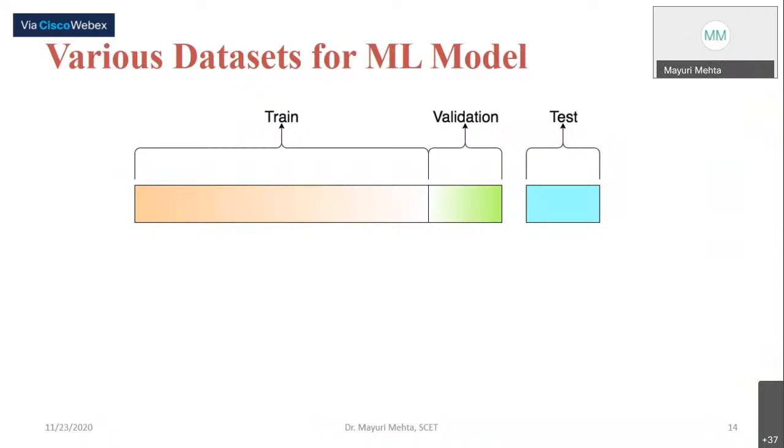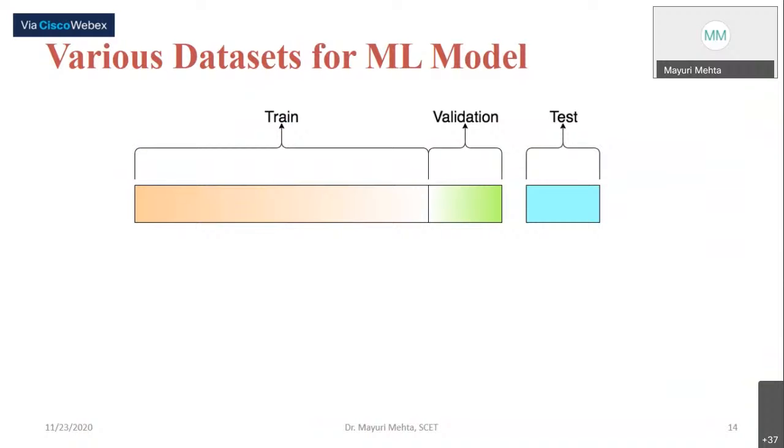Now you know which different data sets are used for an ML model: training, validation, and test data sets. A question may arise in your mind: how to divide the collected data into train, validation, and test sets? The division of data into these three sets mainly depends on two things.